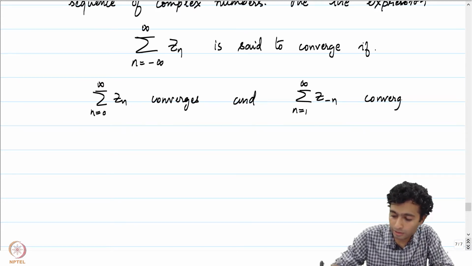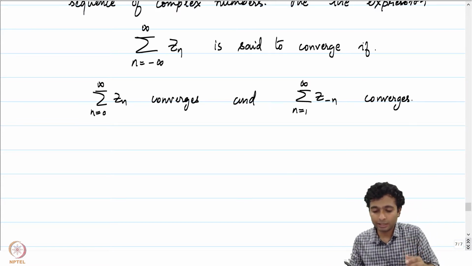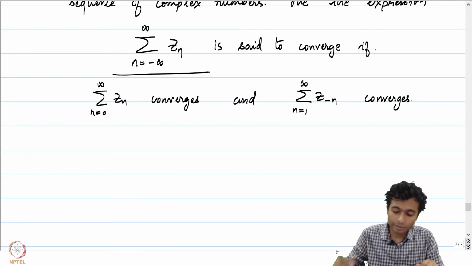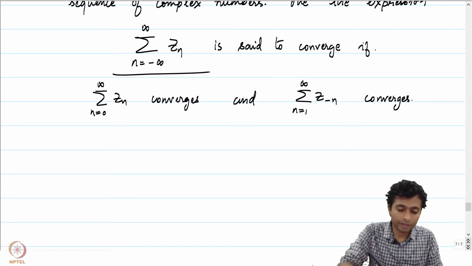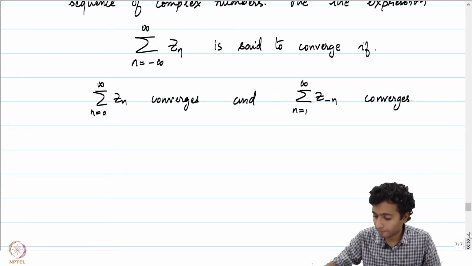If both these series converge, we then say that this doubly infinite series summation n equal to minus infinity to infinity of Zn converges.